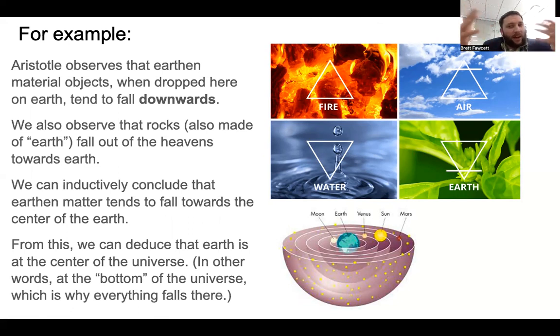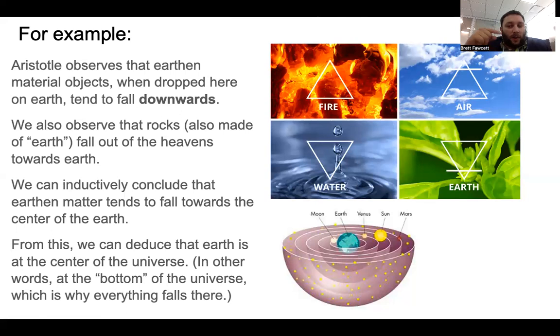And they actually knew the Earth was round at this point, so you could say it falls towards the center of the Earth, because if you dig a well or a hole and you drop things, they will fall down that hole. So earthen matter tends to fall towards the center of the Earth. And since there's stuff that's actually falling from outer space towards the center of the Earth, we can conclude this must actually be the center of the universe, and it's attracting kind of garbage from all over the cosmos.